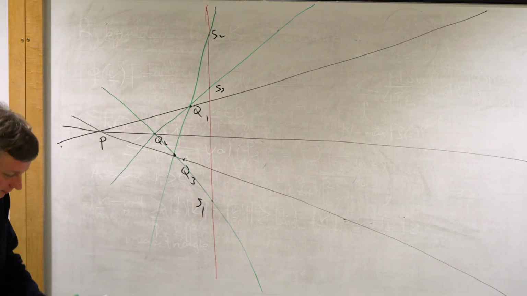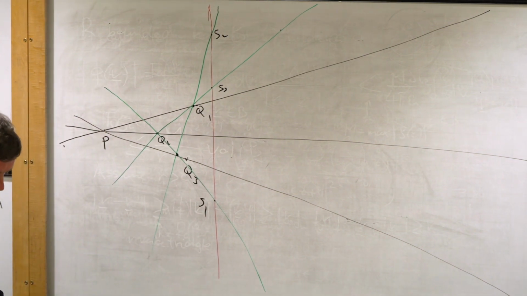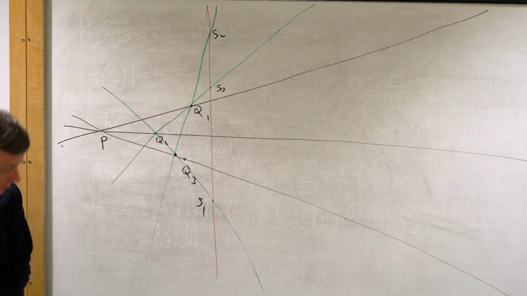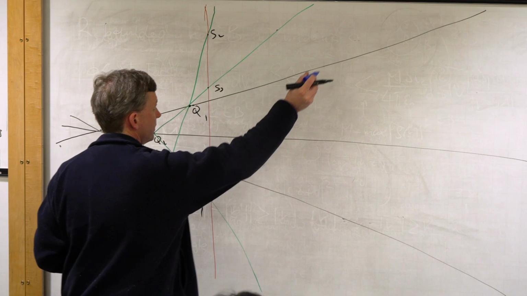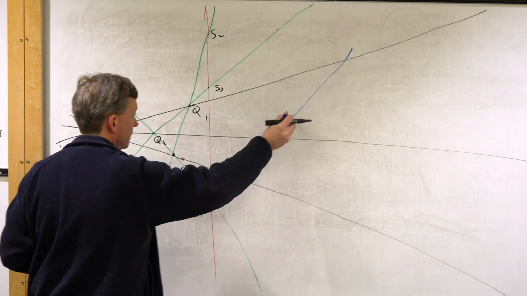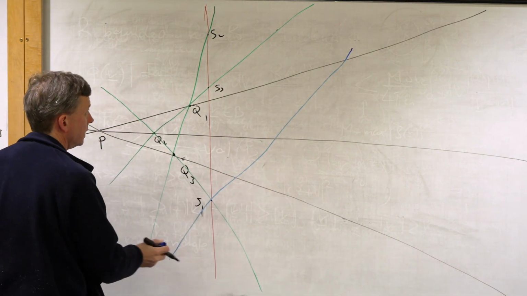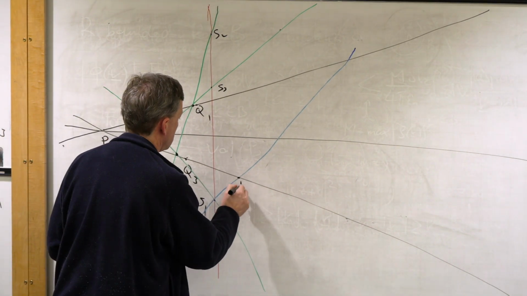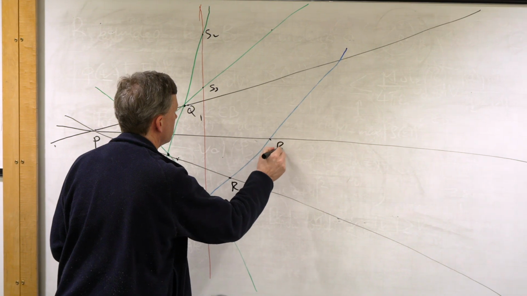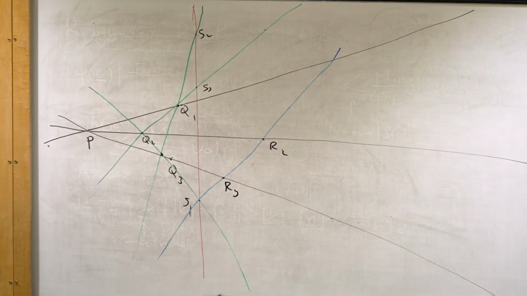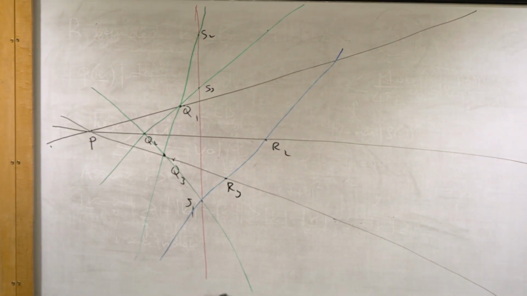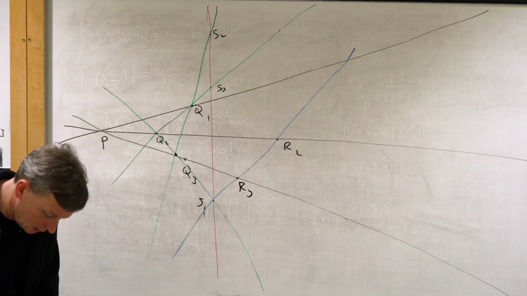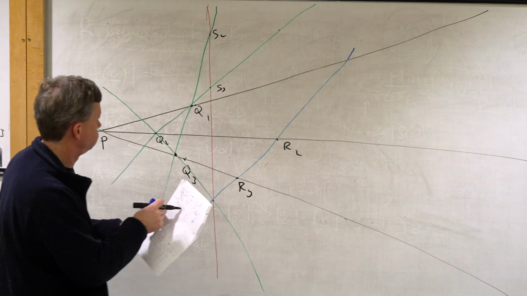And now let's draw a line a bit like this. So that's going to be my R3, that's going to be my R2, and a line like this.